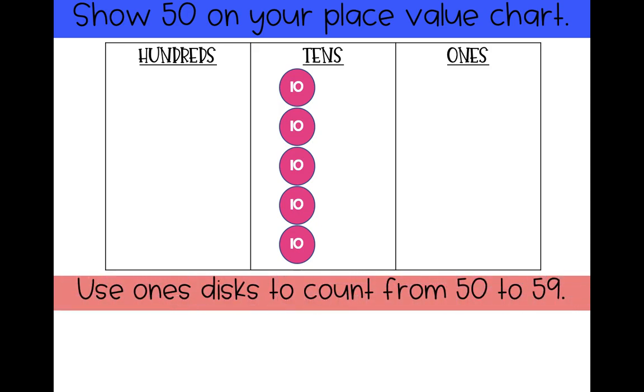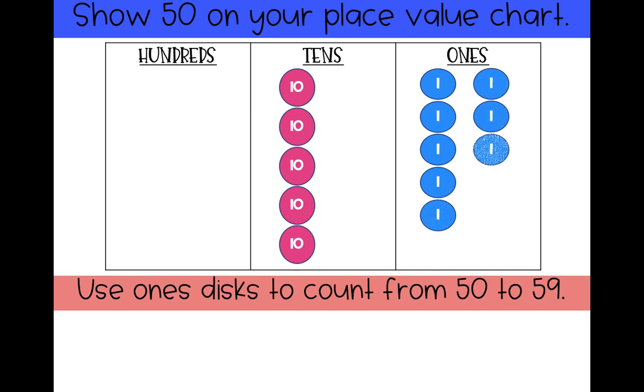Let's use ones discs to count from 50 to 59. Go ahead and draw your ones discs as we count together, starting with 50. Ready? 51, 52, 53, 54, 55, 56, 57, 58, 59.